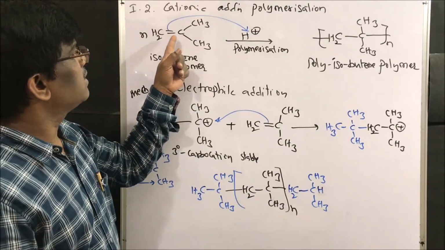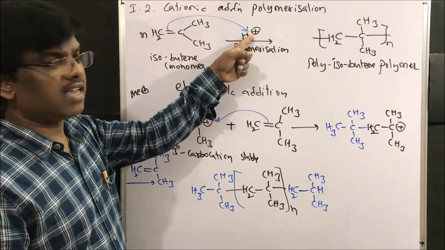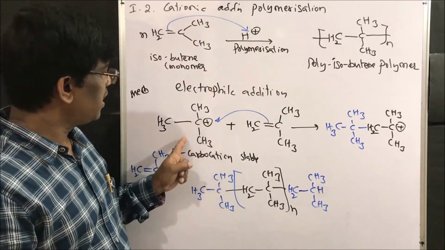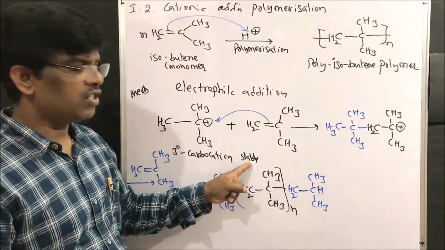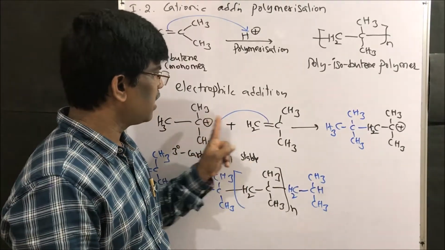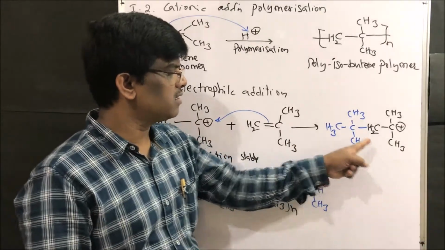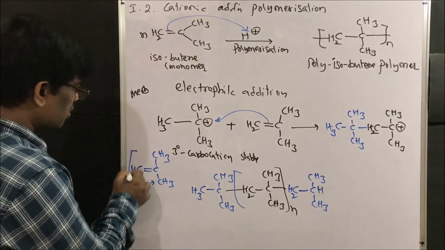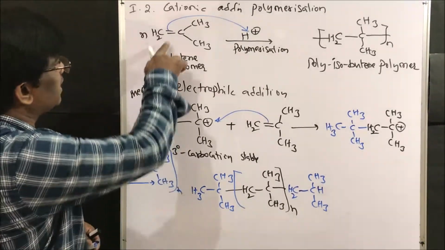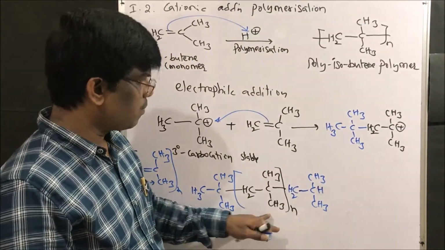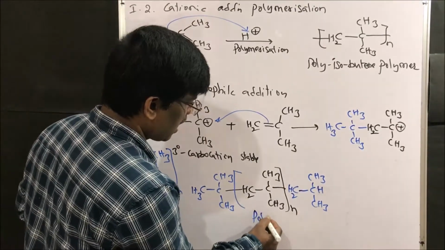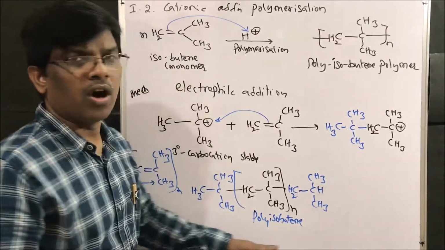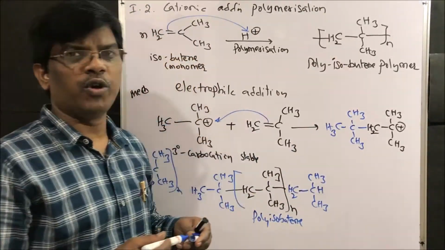The first step is reaction with acid H plus ions to give this Markovnikov's addition intermediate. This is a tertiary carbocation, which is a stable intermediate. This tertiary carbocation will react with isobutene, and this carbocation is going to react with n moles of isobutene in the reaction mixture. This is how we prepare polyisobutene polymer.